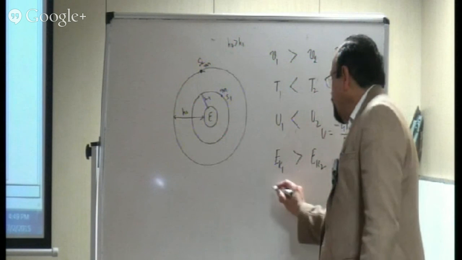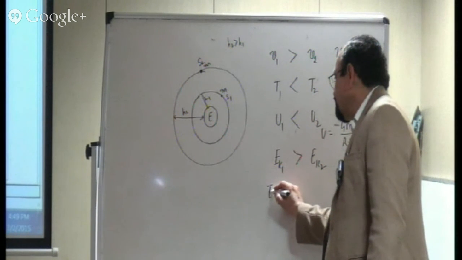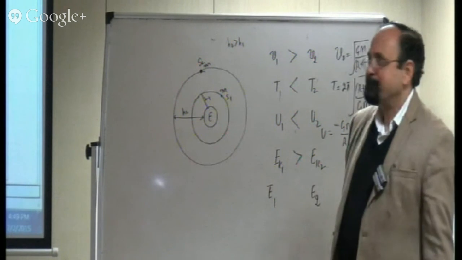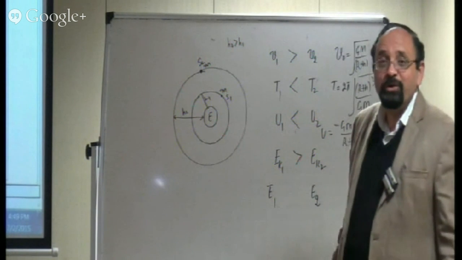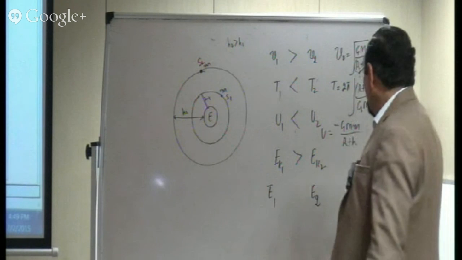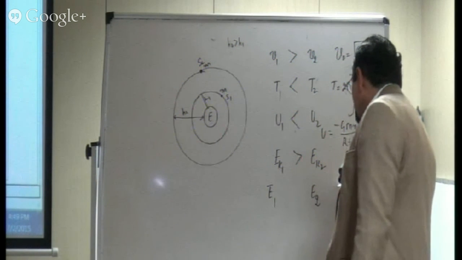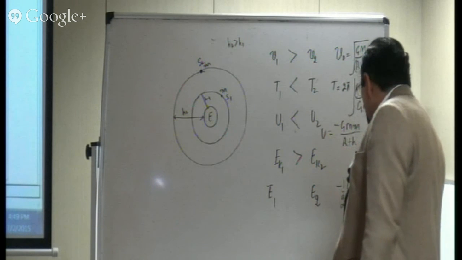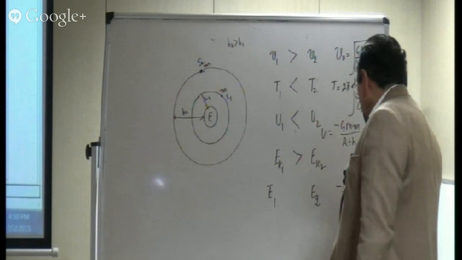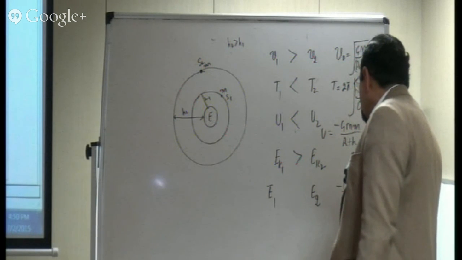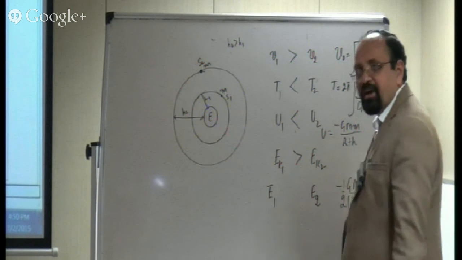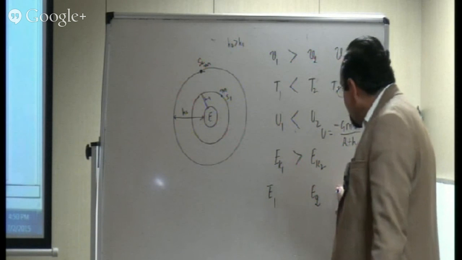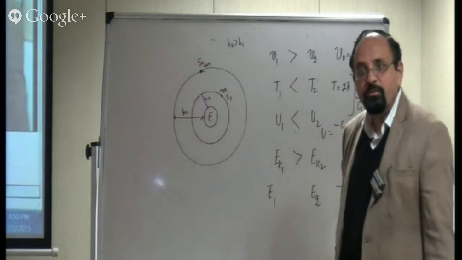EK1 is more if masses are the same, because that is going faster. Good. And what about the total energy, E1 and E2? For the total energy, as you have written, it is equal to minus half G M1 M2, that is mass of the Earth and the satellite, divided by R plus H. So the one which has a greater height, this is very small, but the negative sign makes it more.